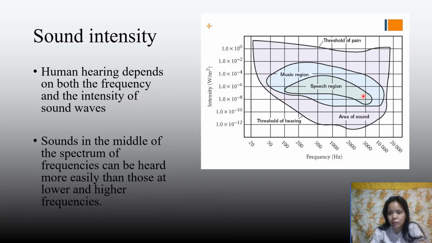This is the speech region, which is the most audible region. The threshold of pain is around 1 times 10 watts per meter squared, while the threshold of hearing is the minimum amount of energy required for a sound to be heard, which is 1 times 10 to the power of negative 12 watts per meter squared.